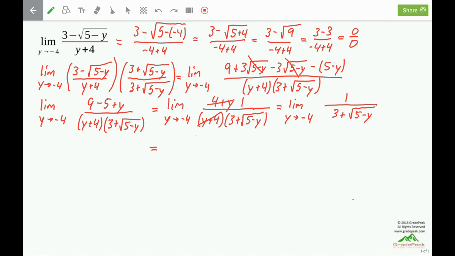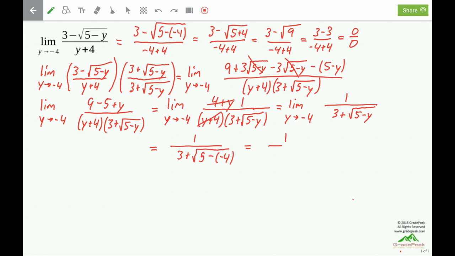We can now try plugging the negative 4 in for y. We should no longer have the 0 over 0 indeterminate form. We will get 1 over 3 plus the square root of 5 minus a negative 4.